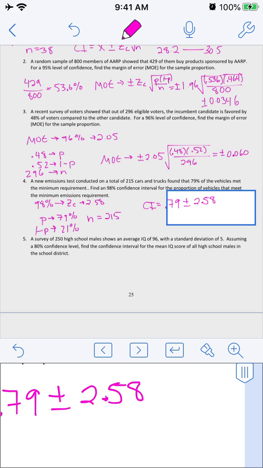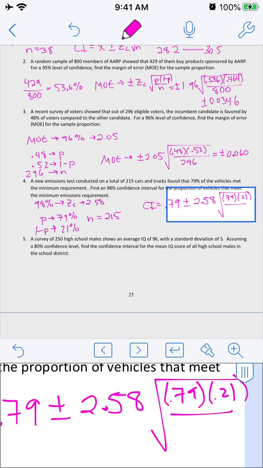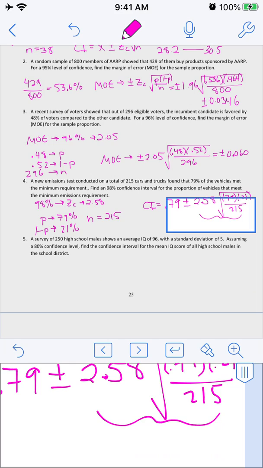There's our standard deviation line, and then a giant parentheses, square root, 0.79, 0.21 over the 215. We'll let the calculator handle this back half for us. Square root 0.79 times 0.21 all divided by 215. So 0.79 plus or minus 0.072.